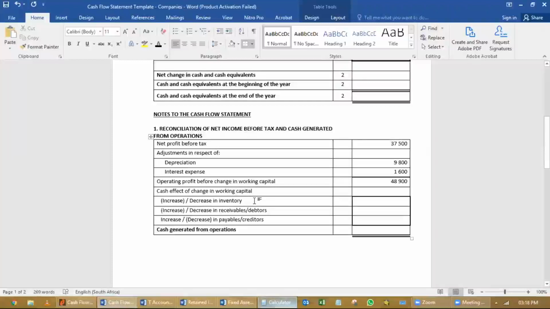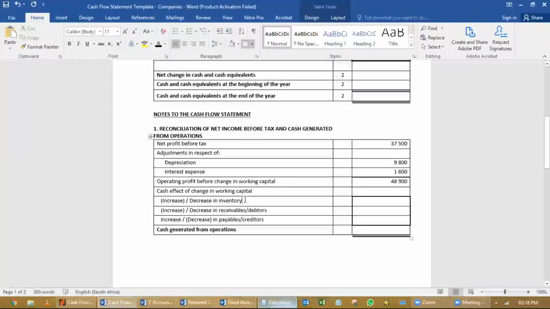Alright, so let's look at inventory. If my inventory increases, what that means is at the beginning of the year, my inventory was a certain amount. At the end of the year, that amount's now more than it was at the beginning of the year. There was an increase in my inventory. If there's an increase, that change must be put in brackets, okay? Why do I put that in brackets?